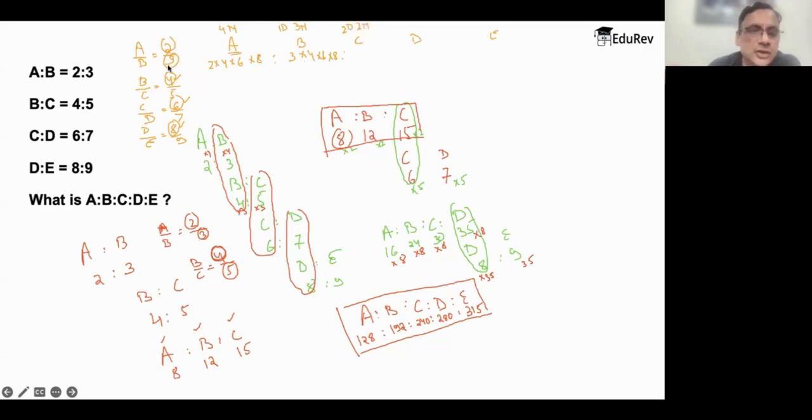So for C, you will take 3 also, which you did for B, and you will take 5 also. So it will be 3 into 5. Then, so 2 denominators done. Now you'll go back to 2 numerators. So 6 into 8.